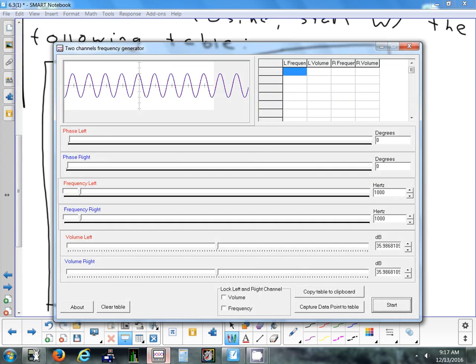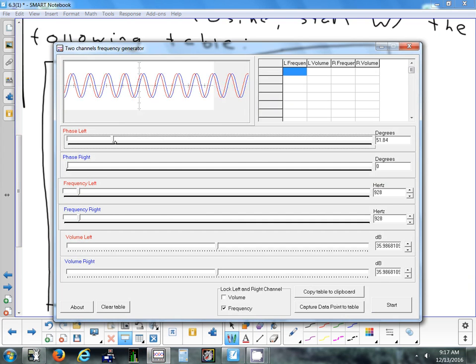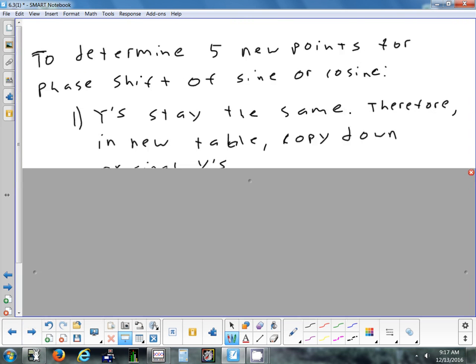If you pick a point somewhere on that graph, like this point, and just focus on it as I shift left, whether you stretch it or compress it, or whether you just slide it, which is what we're doing, a phase shift, that point isn't changing its height. All it's doing is moving left and right. So it's the x values that are going to change when you do a phase shift.